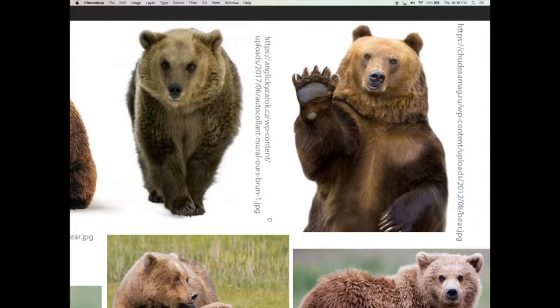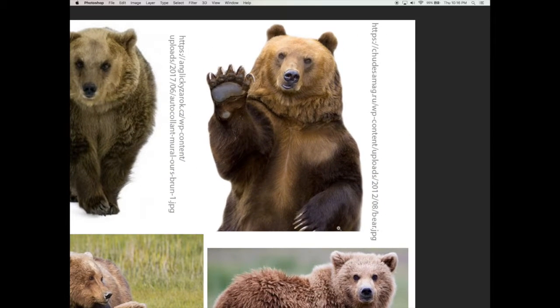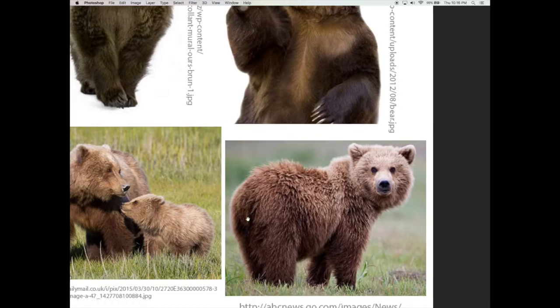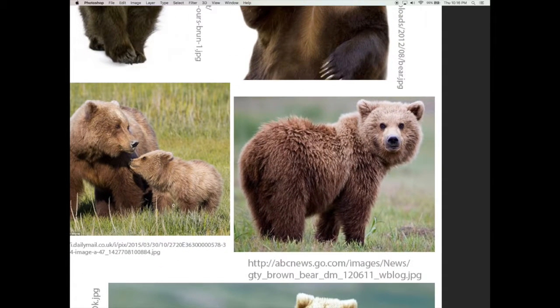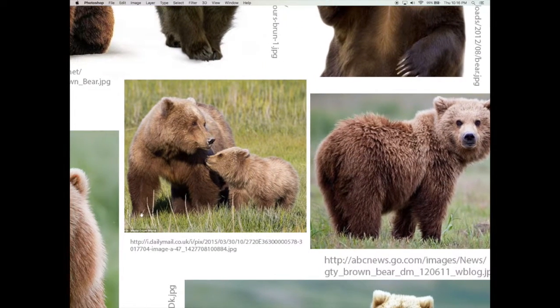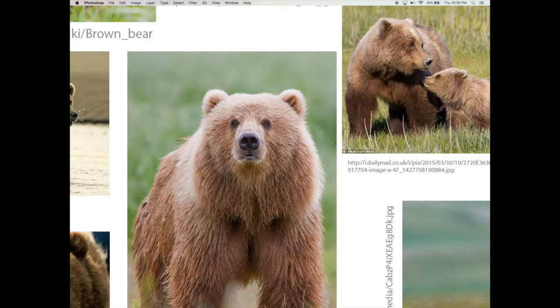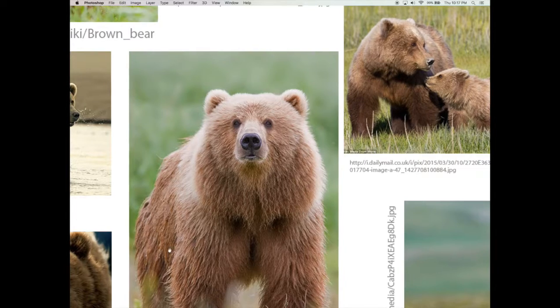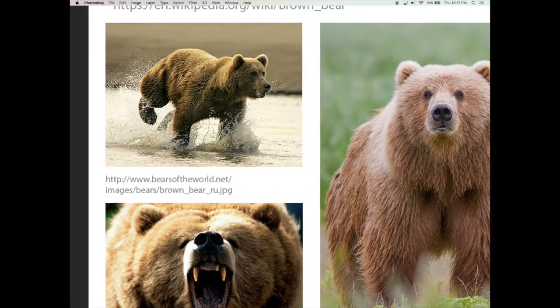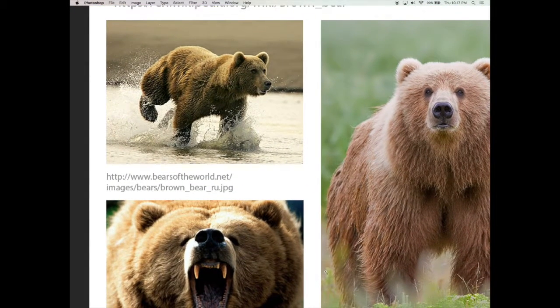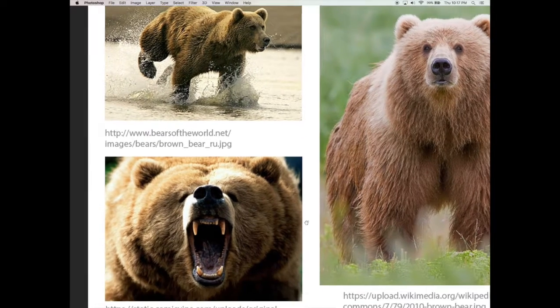The whole point of this course is that we are eventually going to be taking inspiration from the Goldilocks and the Three Bears story, which we're going to create an entire project on. That is why I'm researching bears in particular. If you think of the story, we have a mama bear, a papa bear, and a baby bear. So that's three bears with three different characters.